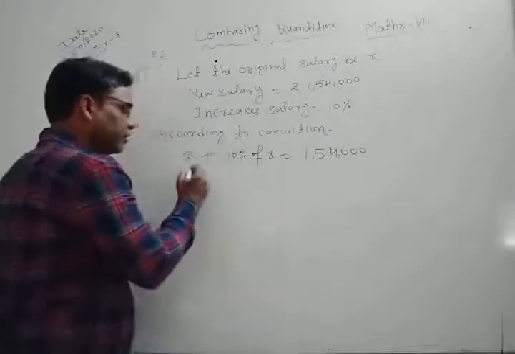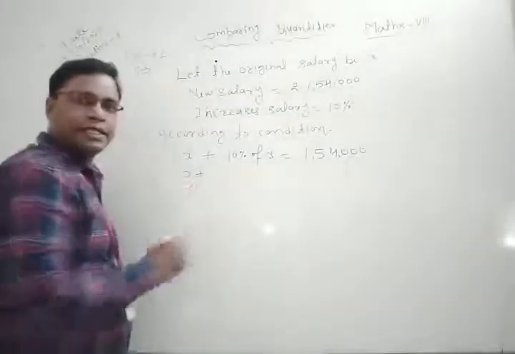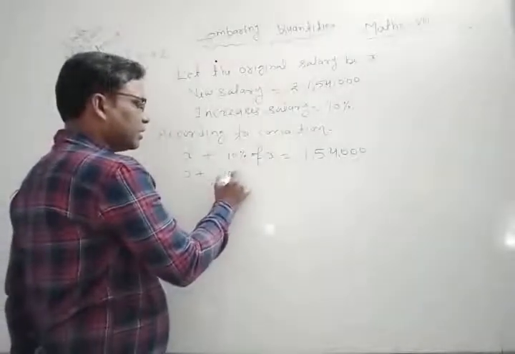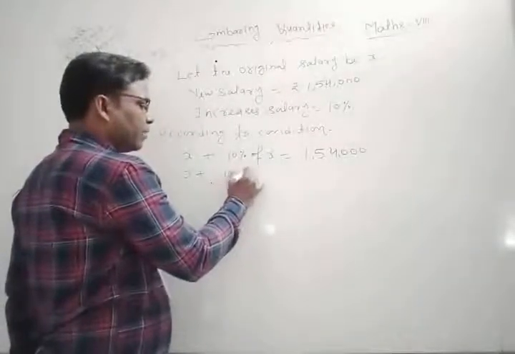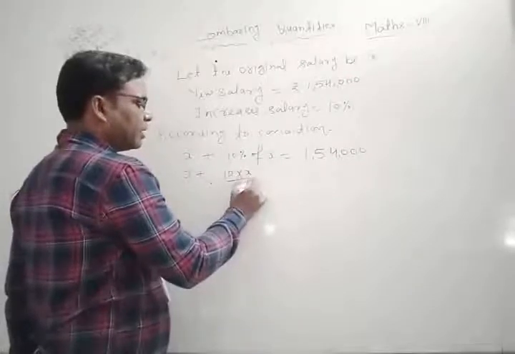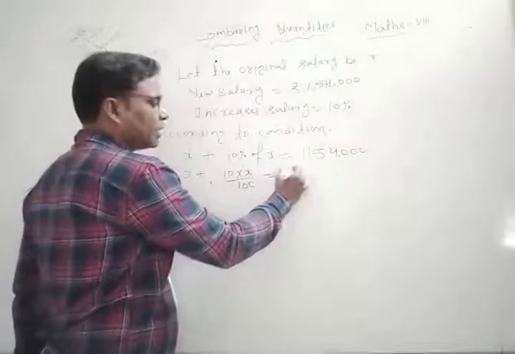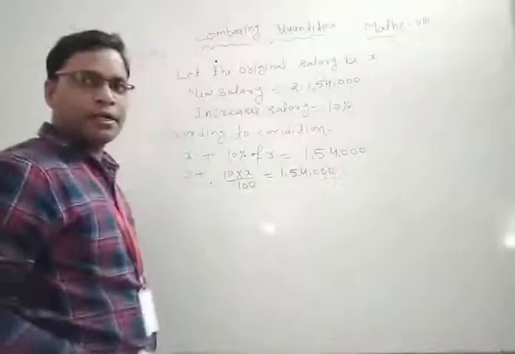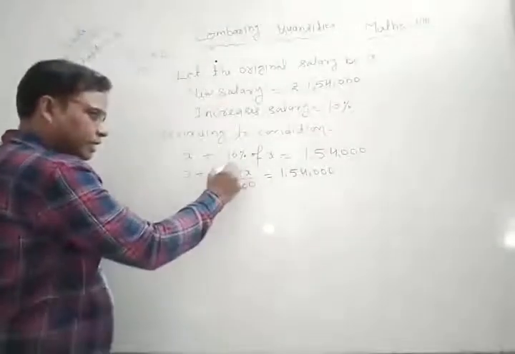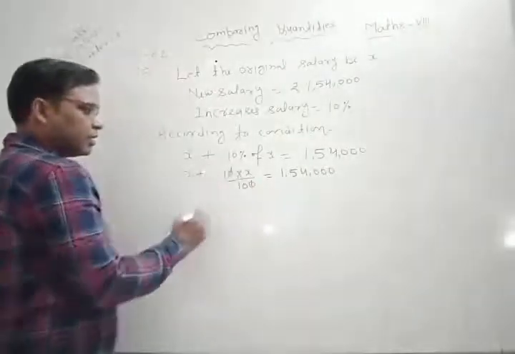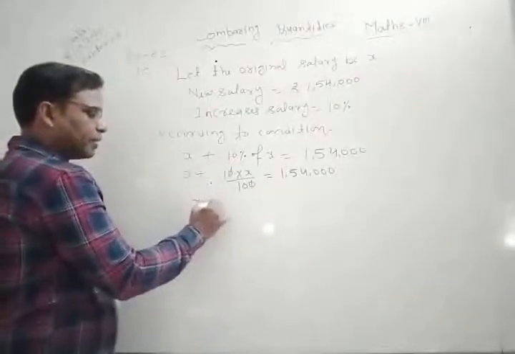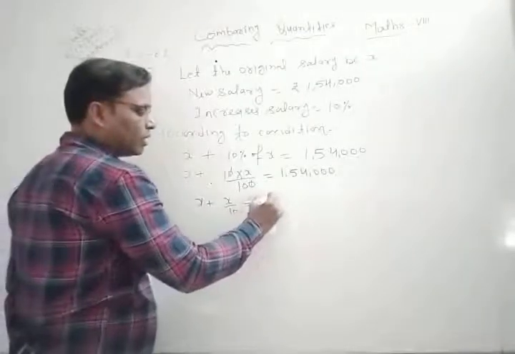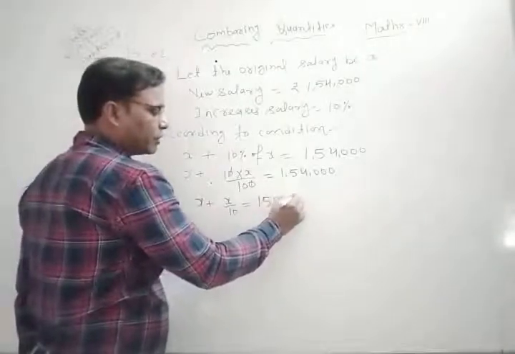So let's see how we find the original salary. Here we write X as it is, and the 10% of X means 10 into X by 100. This is equal to 1,54,000. Now you can cancel this. Then we obtain X plus X by 10 equal to 1,54,000.